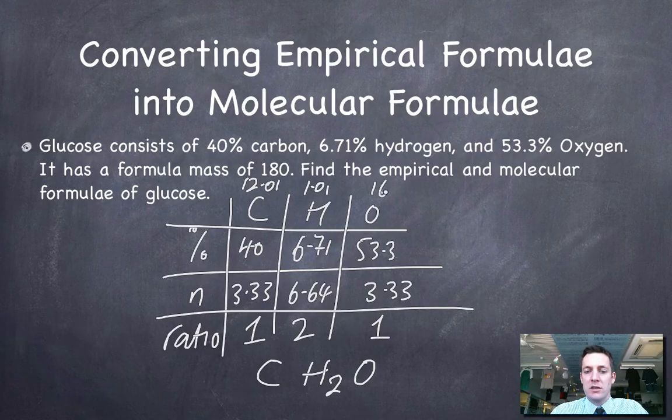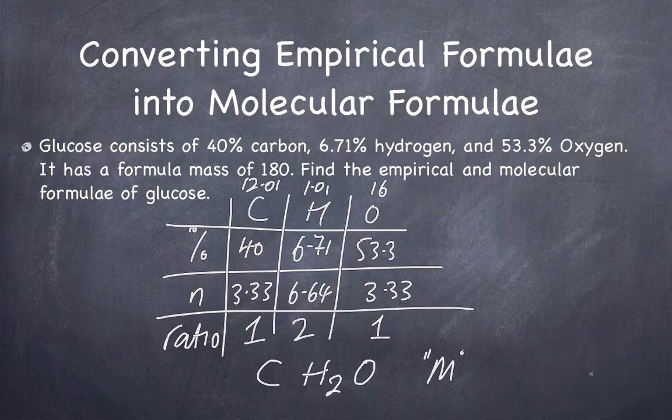Okay, so if I add those up, 12 plus 2 is 14 plus 16 is 30. So the molar mass of the empirical formula, which kind of doesn't make sense because this isn't a substance, so I can't find the molar mass of it. But if I was to talk about how much 1 mole of this substance would weigh, then that would be 30. Okay, and I can see that the formula mass is 180.